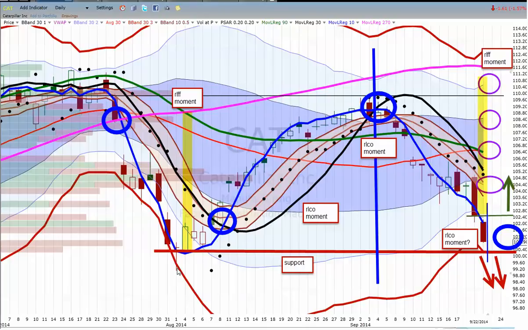A z-score of minus 3 means that it's 3 standard deviations below the Bollinger Band mean, which is what that red line tells you.